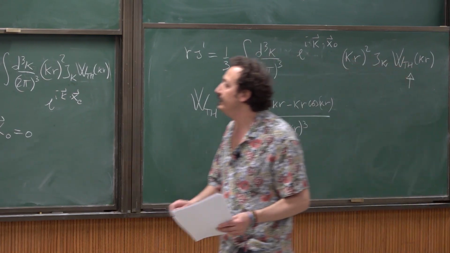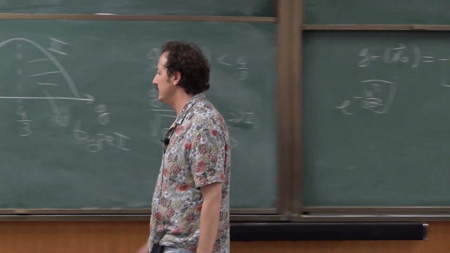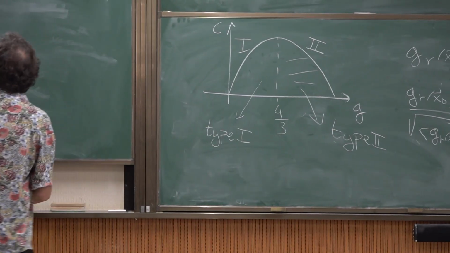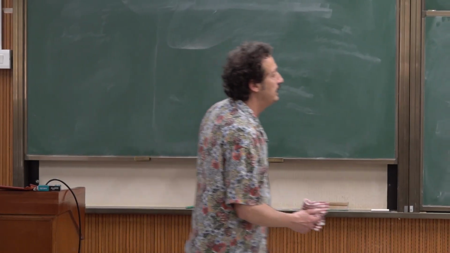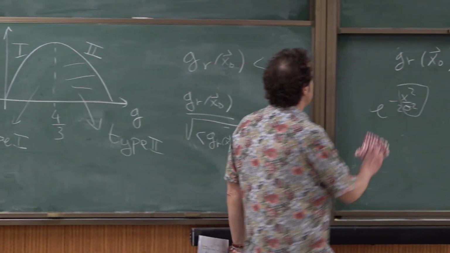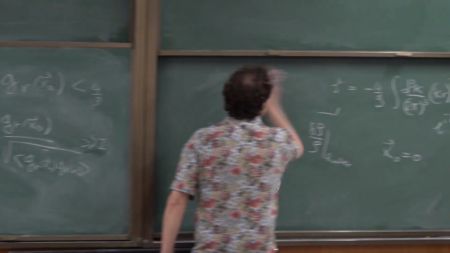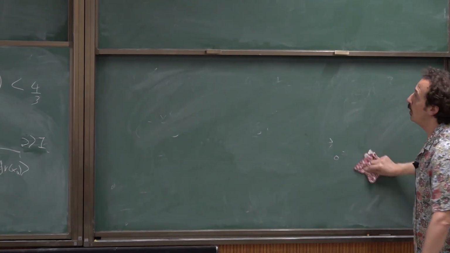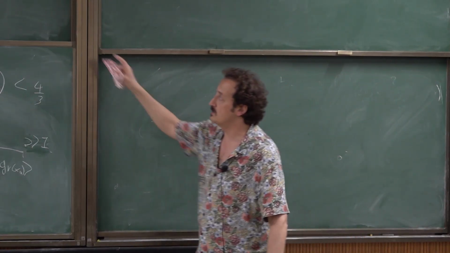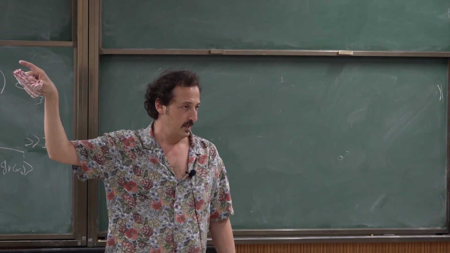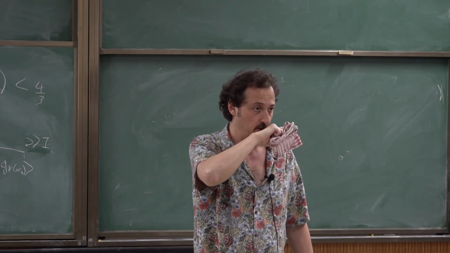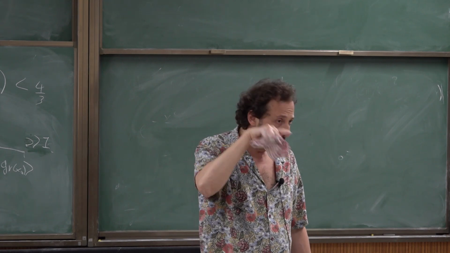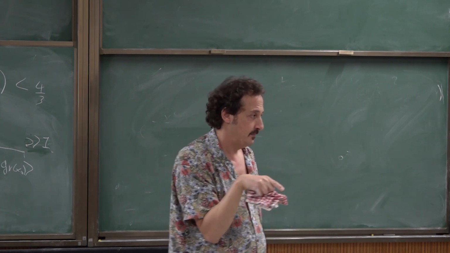Okay, so if we are in type 1 black holes, everything looks a bit easier, because basically the maximum of the compaction function corresponds to the maximum of G, right? Because when I take the second derivative, the parenthesis doesn't swap sign.